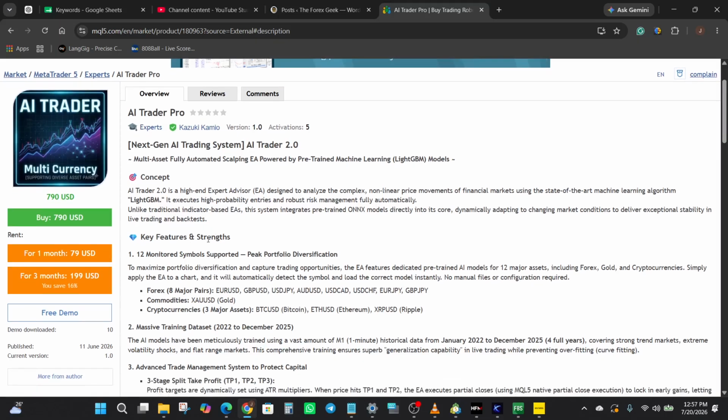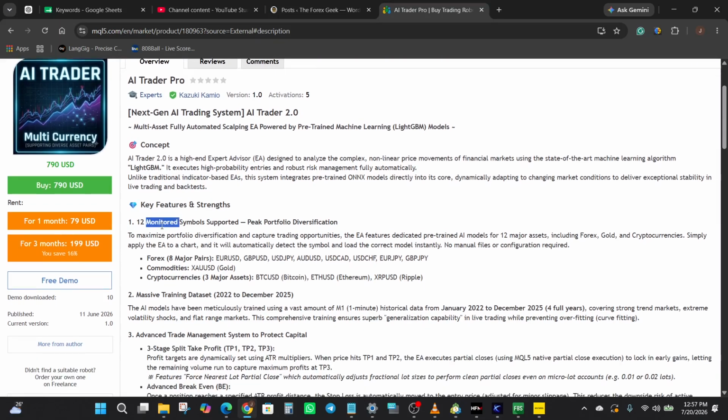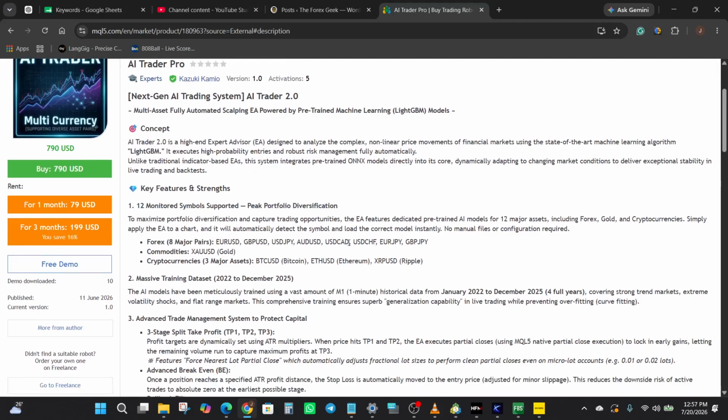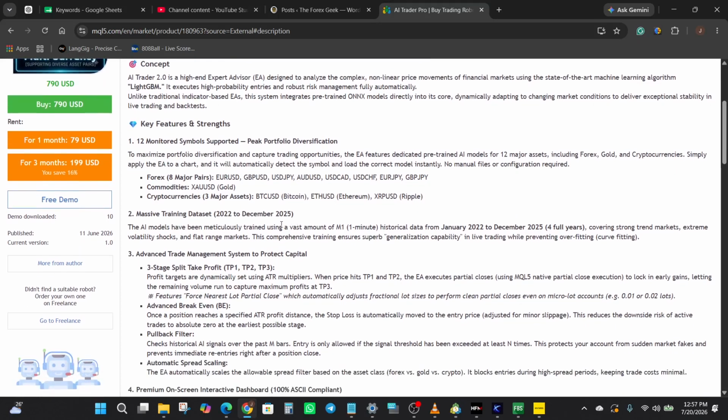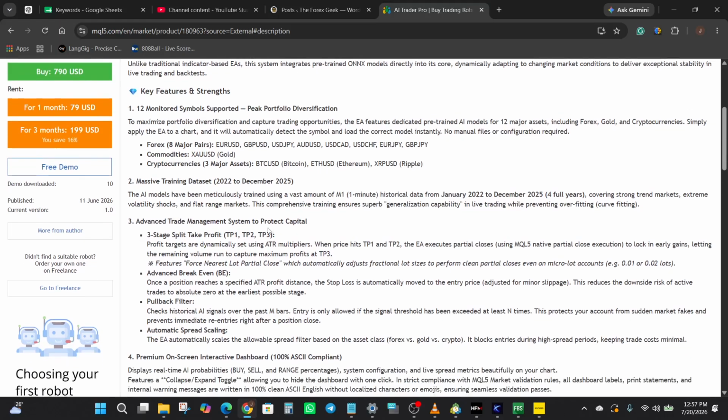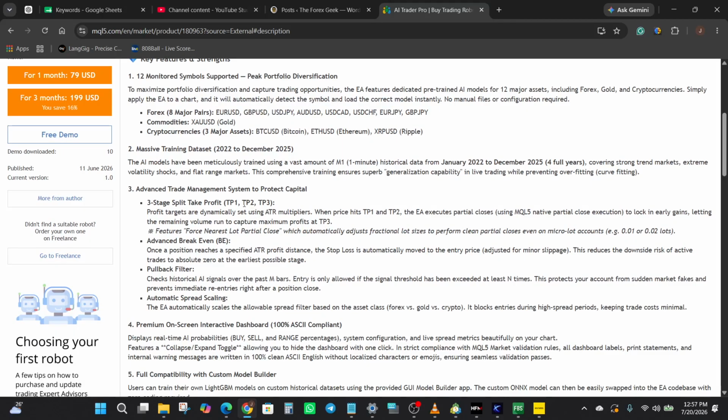Going through the key features, this supports 12 monitored symbols, 8 major forex pairs, gold, and 3 major cryptocurrencies, with the EA automatically detecting the chart symbol and loading the matching model. The developer states the models were trained on 4 full years of 1-minute data from 2022 to December 2025, covering trending, volatile, and flat market conditions.